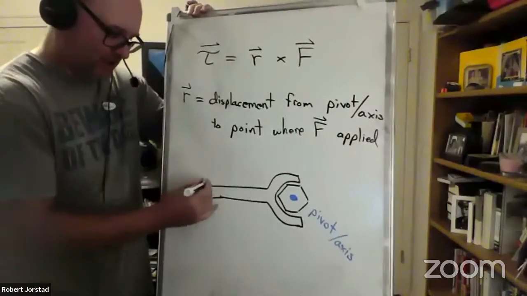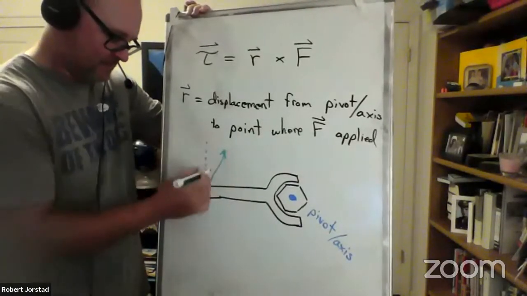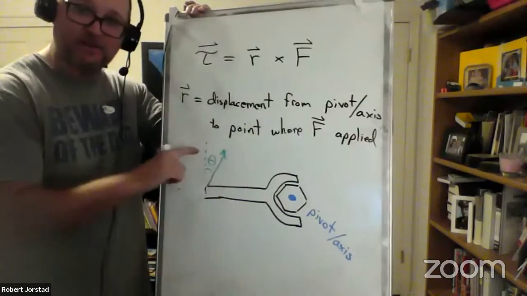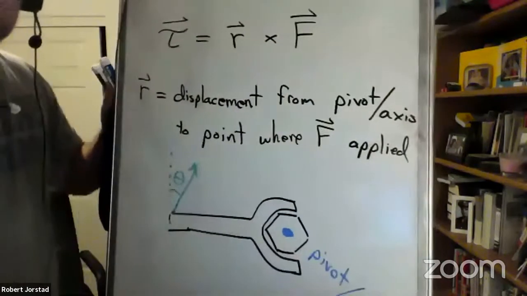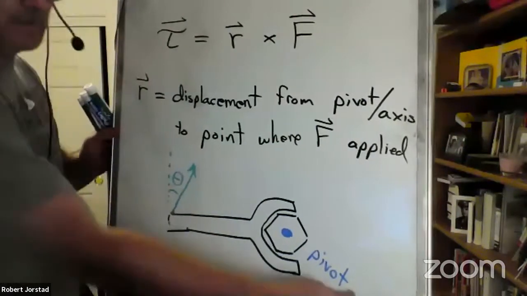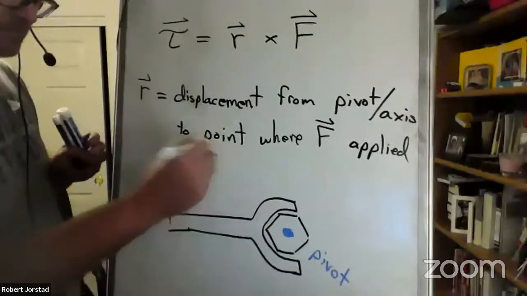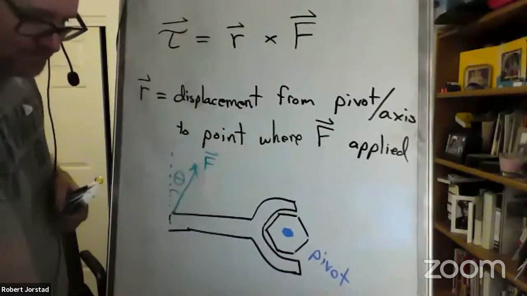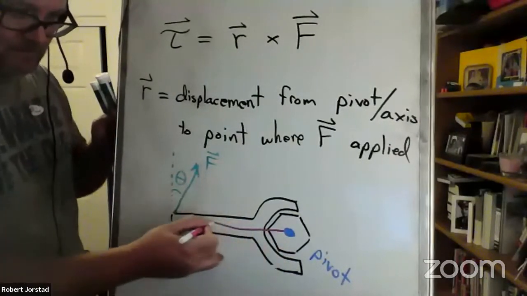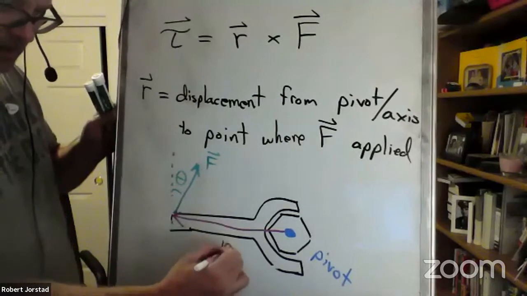What if I push on it mostly up and down, maybe at a slight angle here like this? Let's say this angle is theta. This would be my applied force. From the pivot to the point where the force is applied, that would be my R vector.